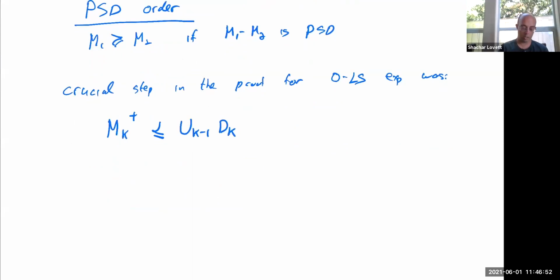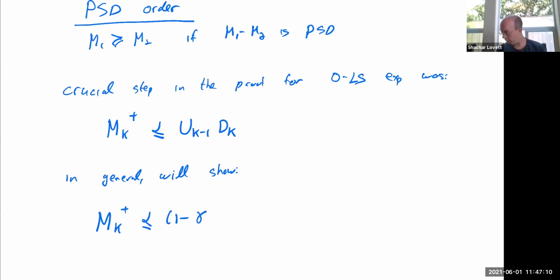And in general, we will show the following bound when it's not zero, but something more general, where M_k^+ is smaller or equal than (1 minus gamma_{k-1}) U_{k-1} D_k plus gamma_{k-1} times identity.